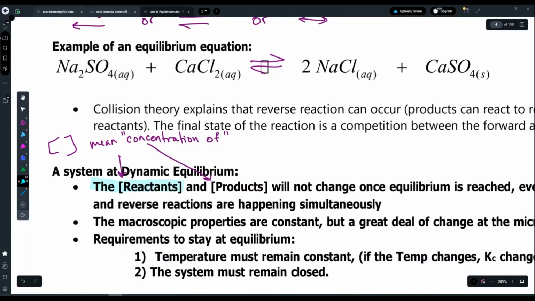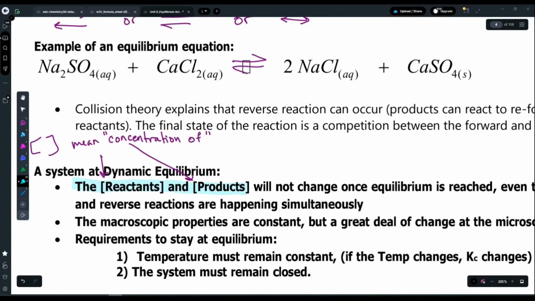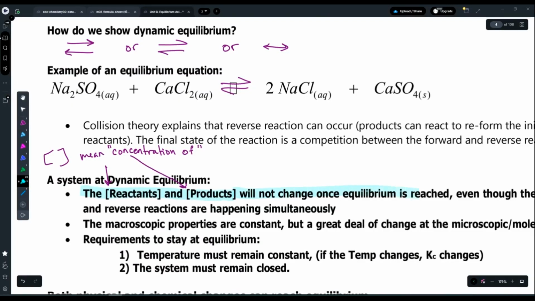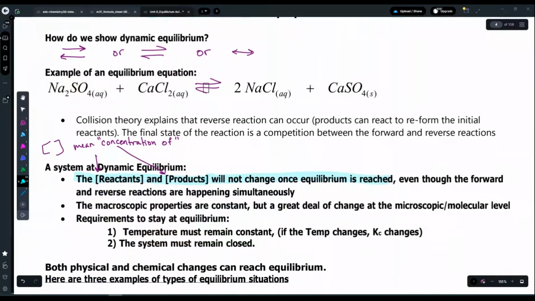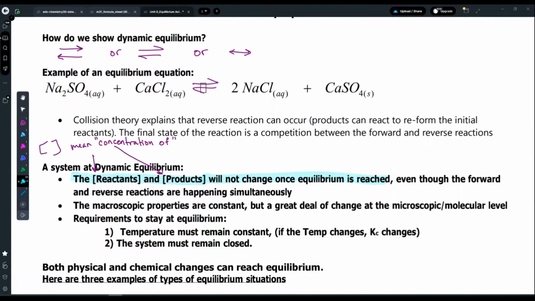So your concentration of reactants and products won't change once equilibrium is reached, even though the forward and reverse reactions are happening simultaneously. The macroscopic properties, or the properties that you can actually see with your eyes, are going to remain constant. But a great deal of change at the microscopic level is going to happen.